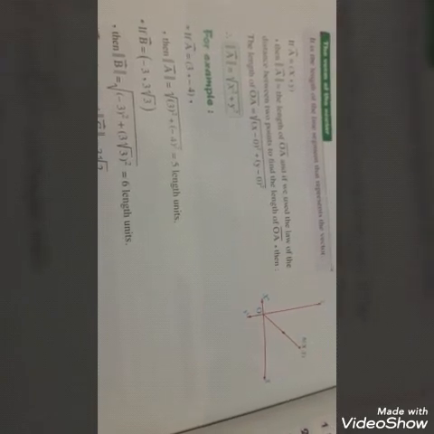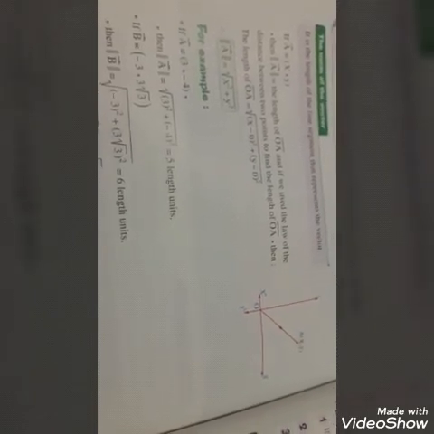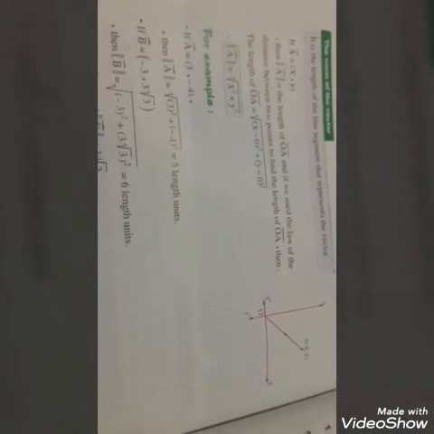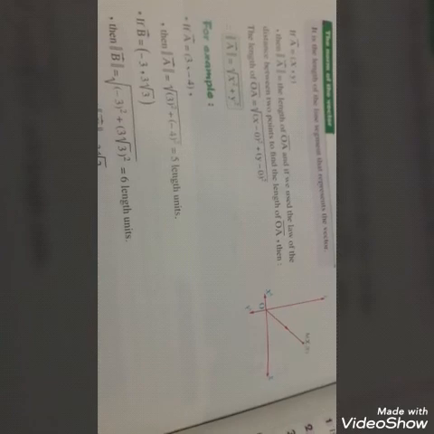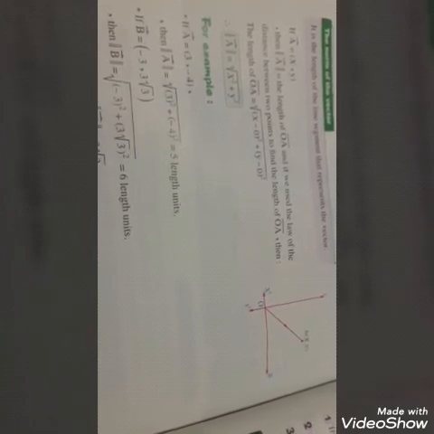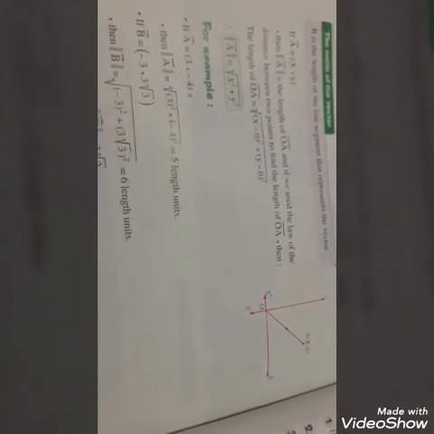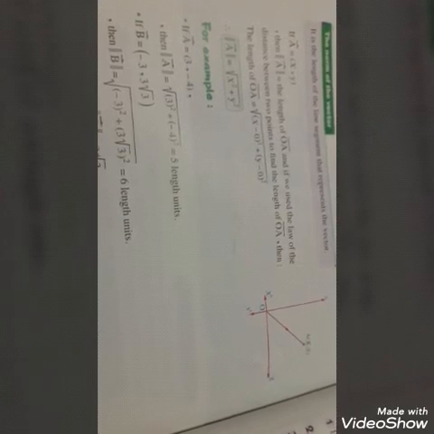Now we want to know what is the meaning of the norm of the vector. The norm of the vector is the length of the line segment that represents the vector, like the vector A with x and y.